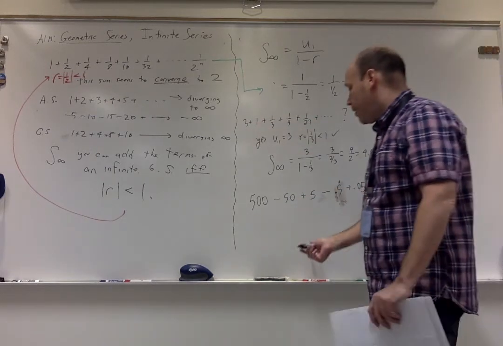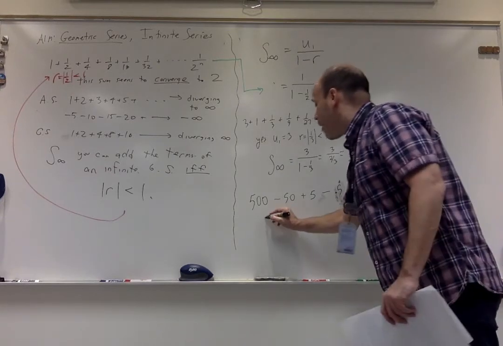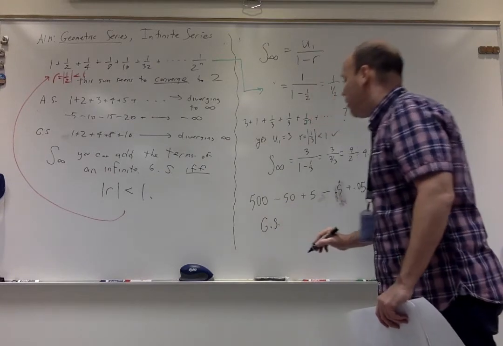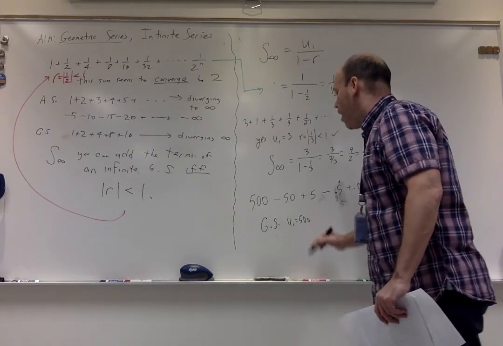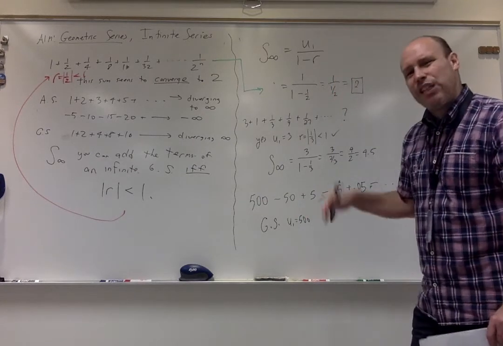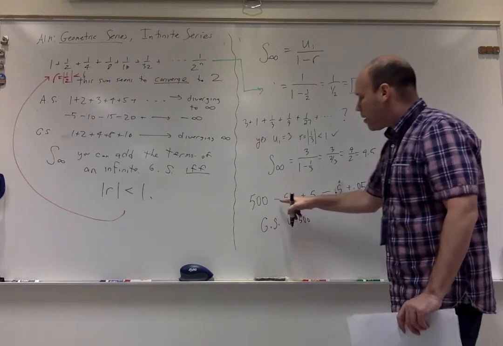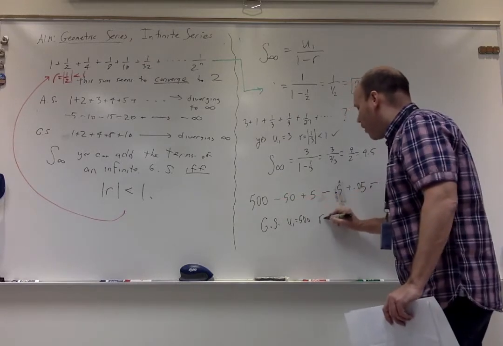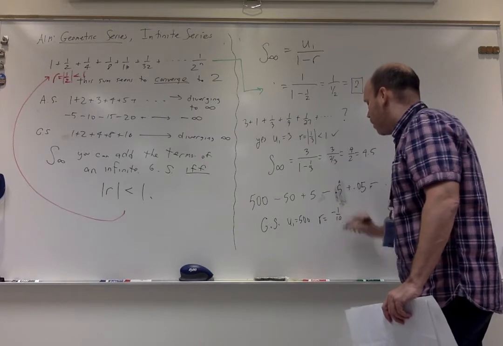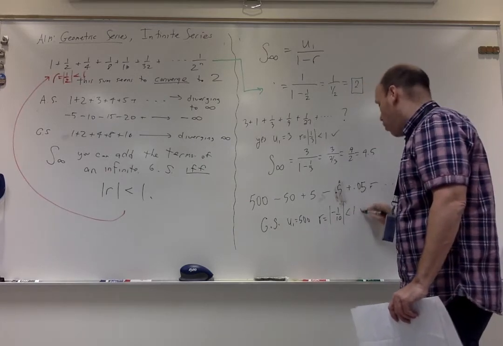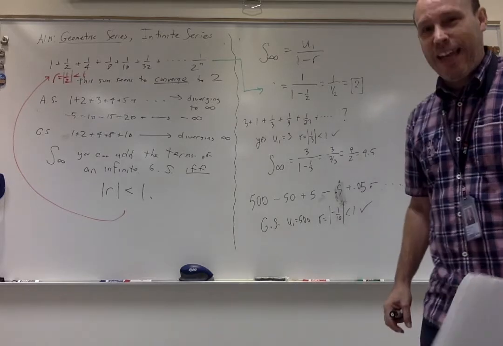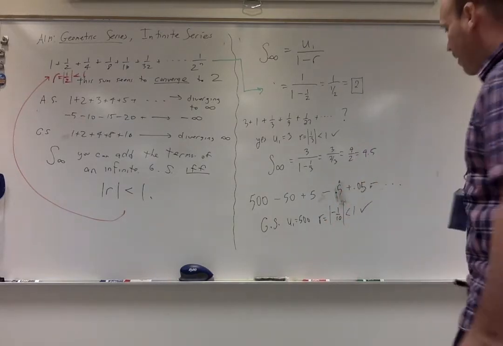Well, the question is, is it geometric? Yeah, it's geometric. We know the first term is 500. What is the common ratio? Well, it's getting divided by 10, but the sign switches, so the common ratio is negative 1/10. And what's good is that the absolute value of that is less than 1, so we can add this infinity up. Let's see.